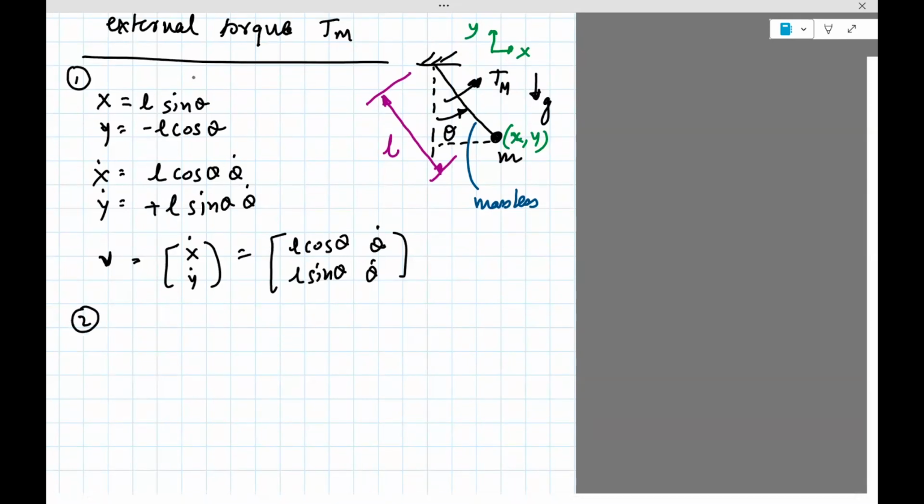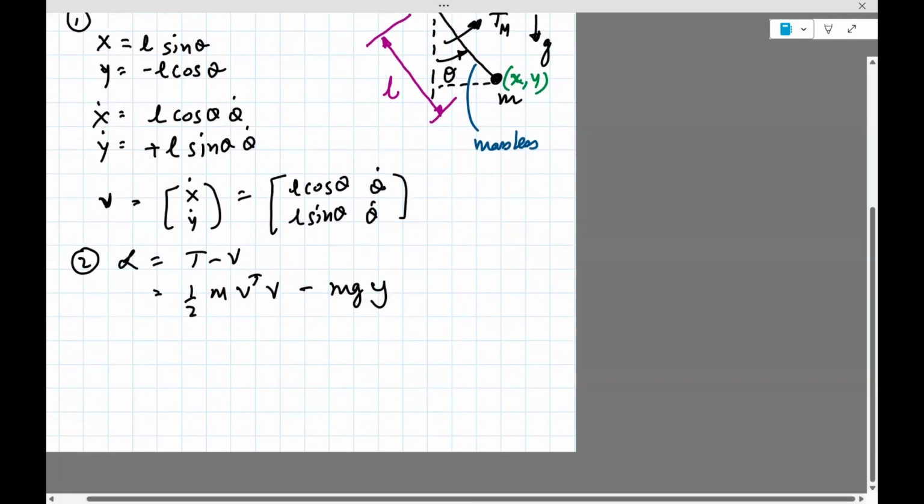Step two is to find the Lagrangian. It's T minus V. So half m v squared, or v transpose v. The rotational energy is 0, so we don't bother with that. And then we have mg. In this case, the direction of gravity is the y direction, so mgy.